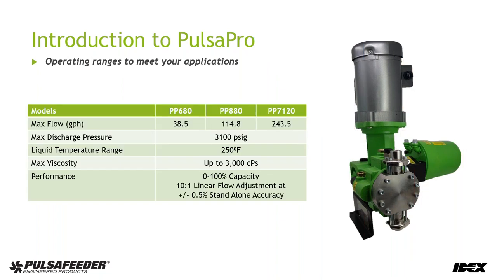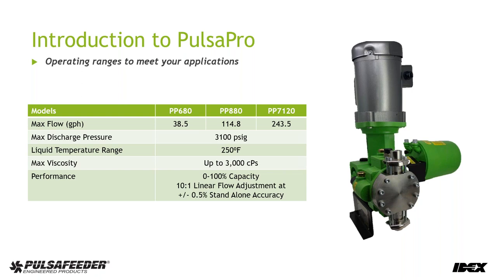The PulsaPro product line, to date, has 3 models ranging in capacity all the way up to 243 gallons per hour, with a maximum discharge pressure of 3,100 psig, a liquid temperature range of 250 max, and viscosity up to 3,000. In combination with the fact that it's a hydraulically actuated metering pump, it's a non-loss motion.